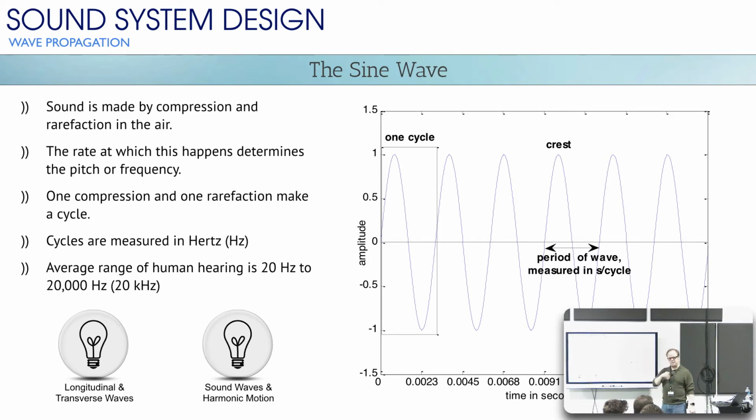We use this term cycle in reference to sound. A cycle is when we do one full compression, one full rarefaction, and then back to whatever that zero resting state is. That's one cycle. The number of cycles that you have in a second is what we call frequency, which we measure in hertz, cycles per second. You have to have at least, the textbooks will tell you, 20 cycles in a second in order for your brain to interpret that as sound.